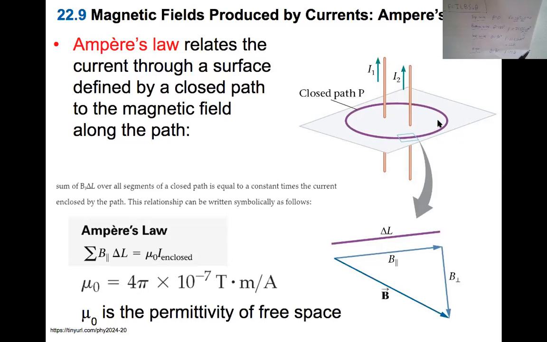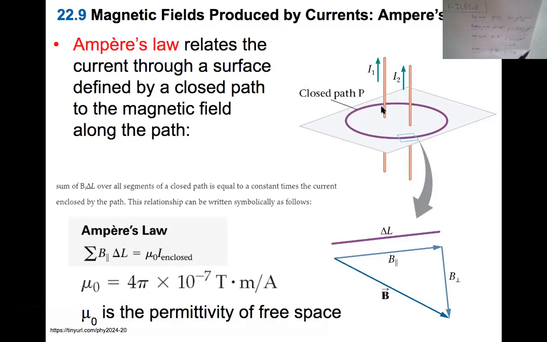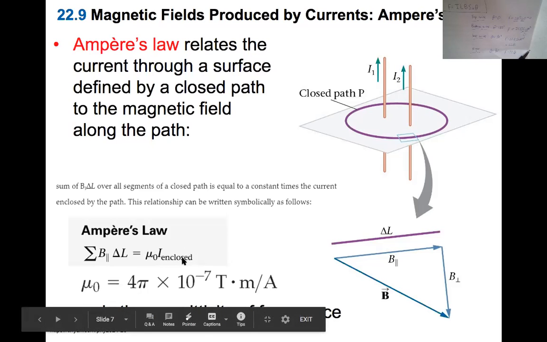So B times 2 pi r gives you mu naught times I enclosed by this closed path. It's similar to Q enclosed divided by epsilon naught, but in this case you have mu naught multiplied by the current enclosed.